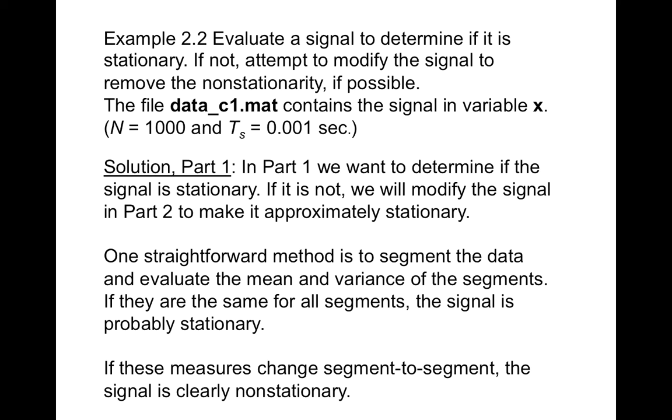So for example, let's suppose I'm looking at your heartbeat and I want to determine if that's stationary. It wouldn't make any sense to compare time segments that were, say, milliseconds, because your heart beats once every second. So I'd probably divide that into 10-second segments, because that's representative of the real world.